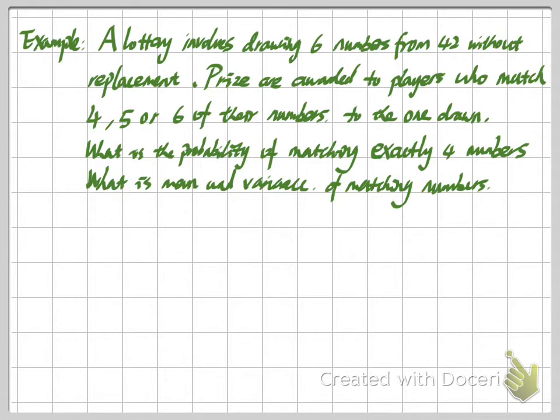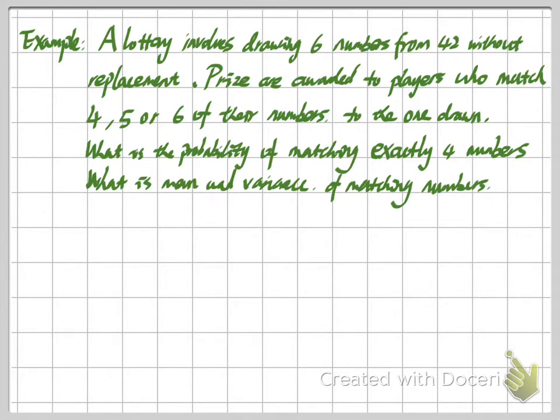So let's look at this example. Assume we have a lottery game, where we draw 6 numbers from a total of 42 numbers without replacement. The prizes are awarded to players who match 4, or maybe 5, or maybe 6 of their numbers to one draw, which is decided maybe by the organizers.